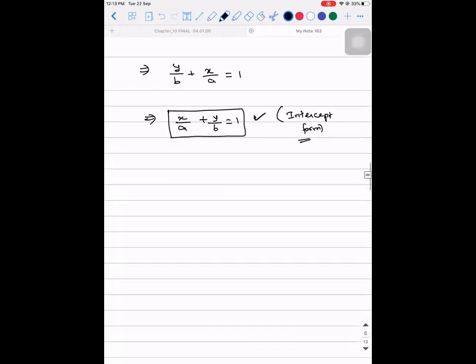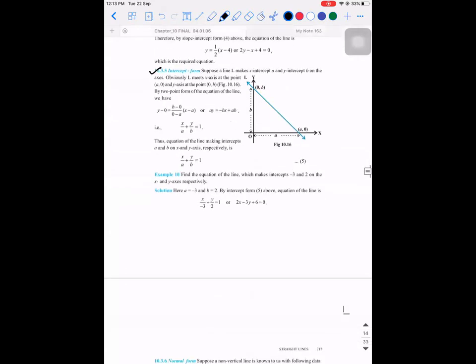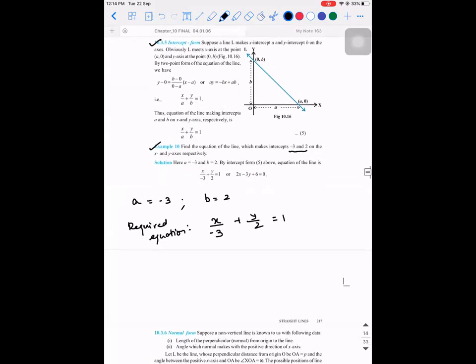So let's do an example problem based on this. Find the equation of the line which makes intercepts -3 and 2 on the x-axis and y-axis respectively. So the x-intercept a is -3, the y-intercept b is 2. So the required equation will be x by -3 plus y by 2 is equal to 1.